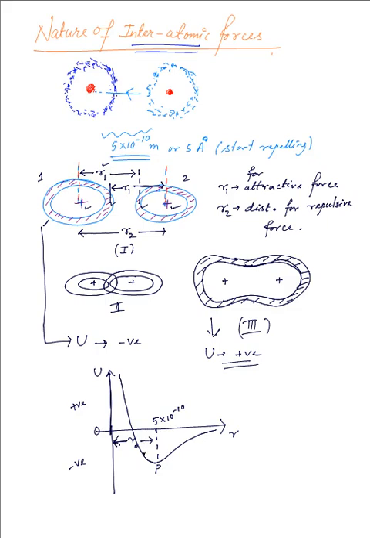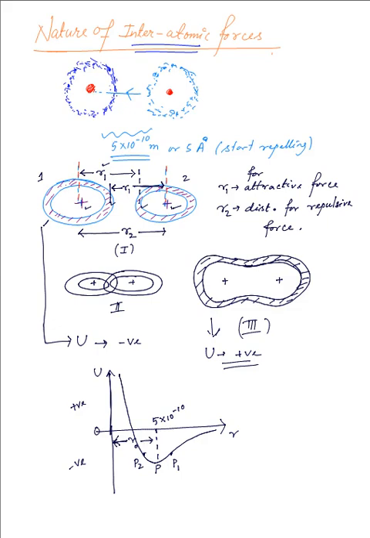There, near those points, we have the points P1 and P2, which we'll be discussing now. The potential energy becomes minimum at that distance, that is 5 angstrom units. After this distance, the repulsive forces come into play because the distances are less.